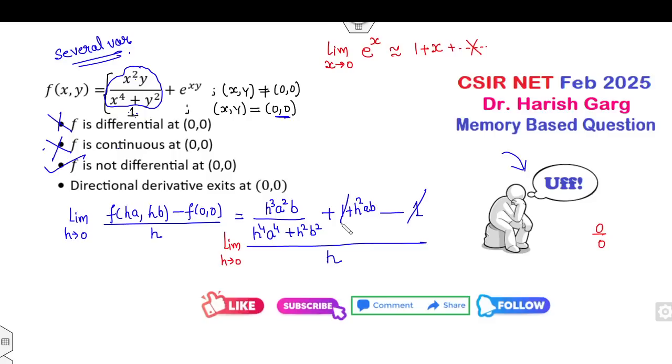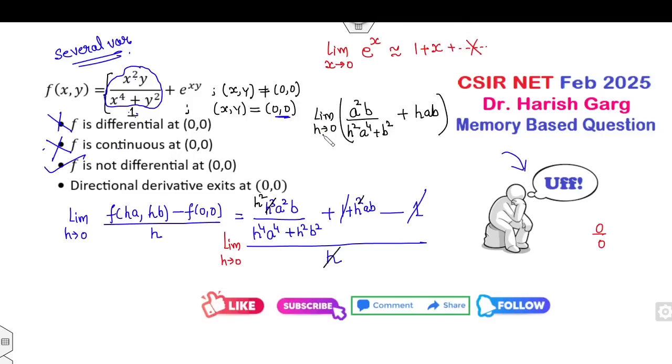So the 1 will cancel out, h I can take as common and it will cancel out. What is left behind? The limit as h approaches 0 of a squared b divided by h squared a to the fourth plus b squared plus h ab.